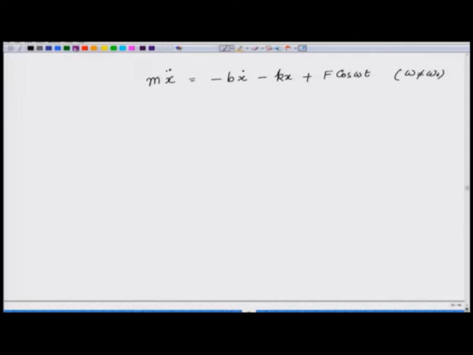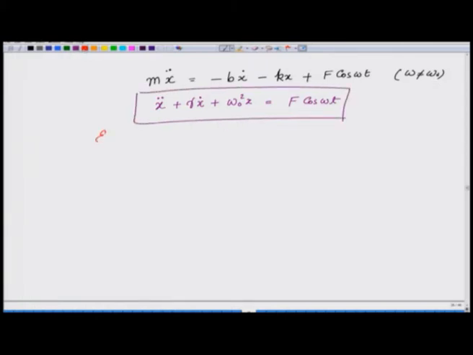And this equation can be transformed to x double dot plus gamma x dot plus omega 0 square x equals F over m cosine of omega t. That is the equation for the forced damped harmonic oscillator, and we need to find the solution for this.